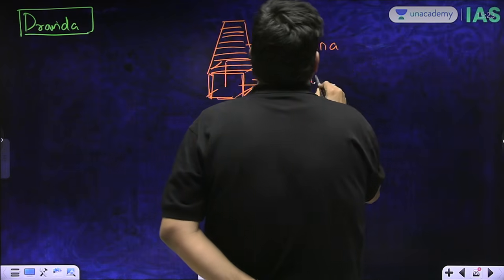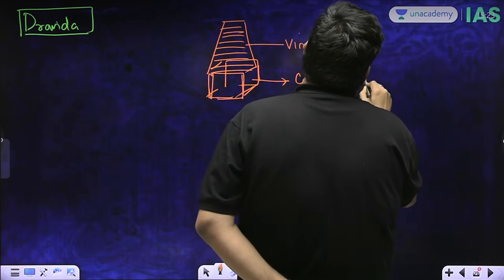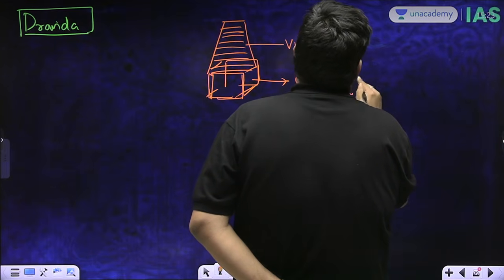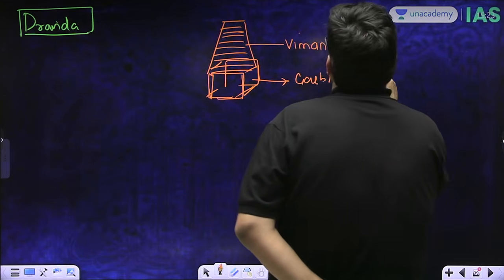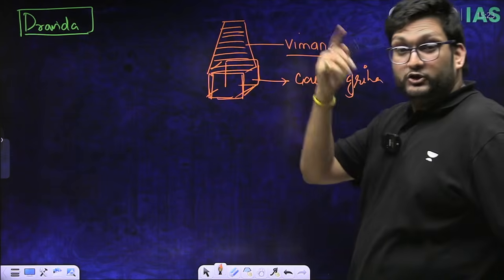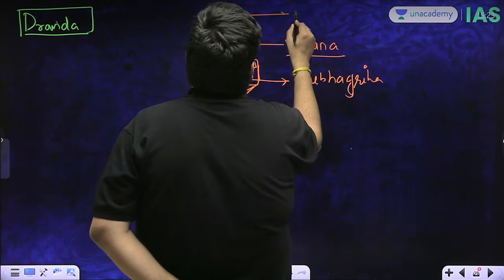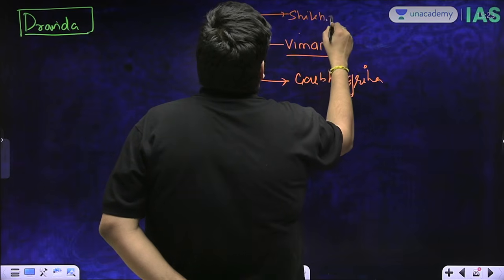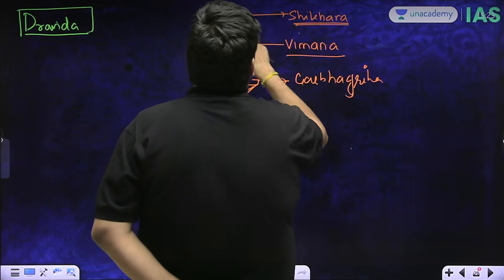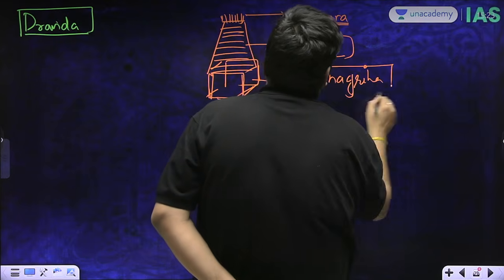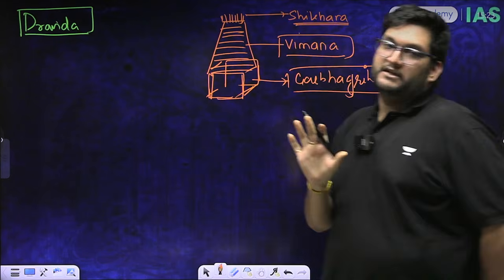Vimana is the word given to the curvilinear or stepped tower, and the topmost point of the Vimana is called Shikhar. So you can see how the terminologies have changed. Shikhar means the topmost point of the Vimana, and Garbhagriha means the same, the sanctum sanctorum.